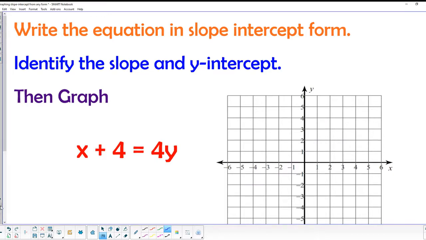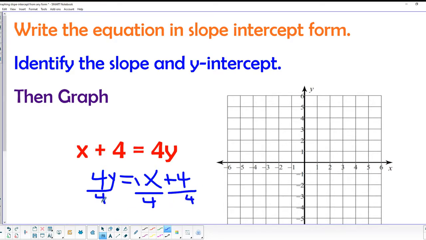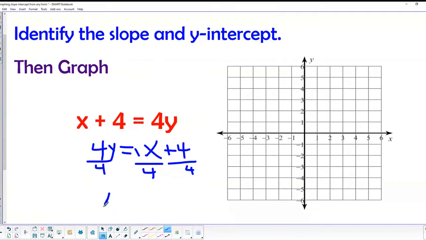All right. Here's one. This one's kind of written in backwards order. So we're going to just kind of flip it over and do 4y equals x plus 4. Just switch sides with everything. Then divide by 4. And when we do that, we end up with y equals 1/4 x plus 1.